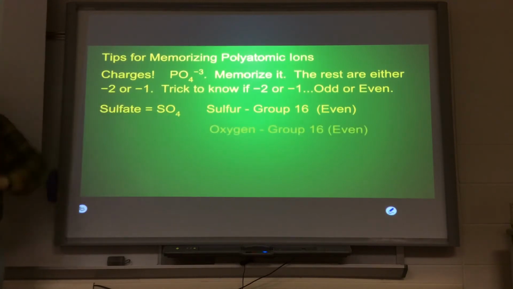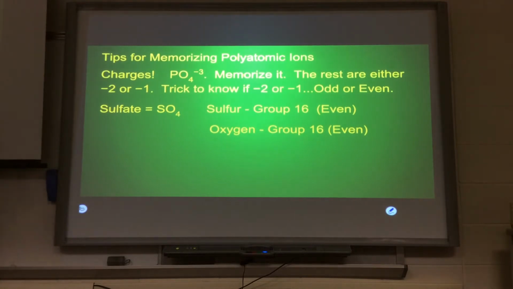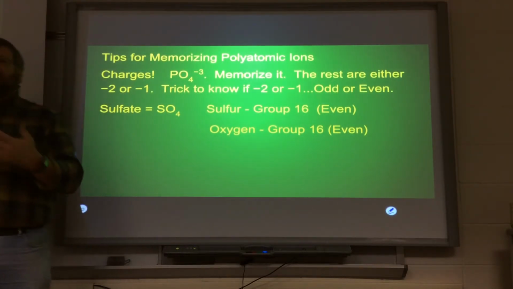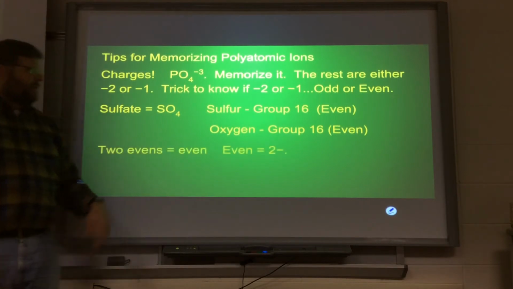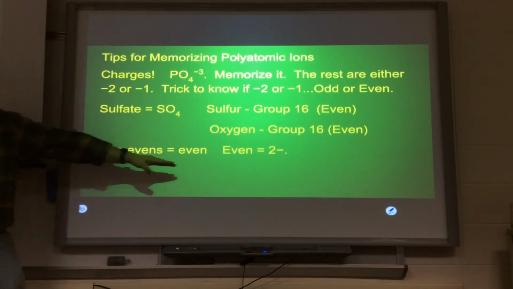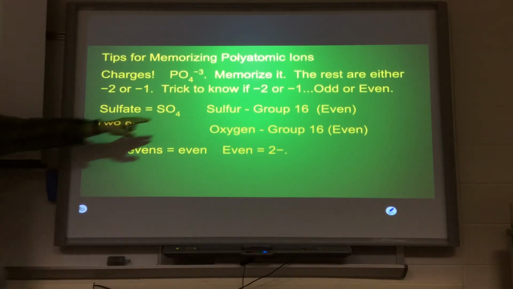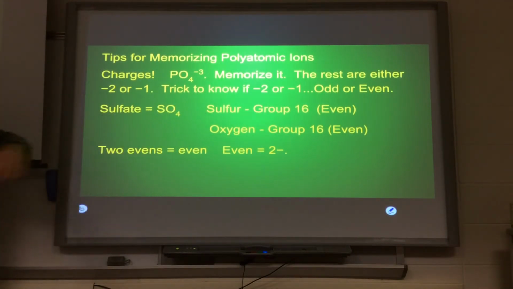They're in the same group. They're both in group 16. So if you added an even number with another even number, what do you end up with mathematically? An even number. And when you're looking at the groups of the elements that make it up and it's even, you're going to have a 2- charge. Sulfate, SO4, is a 2- charge.